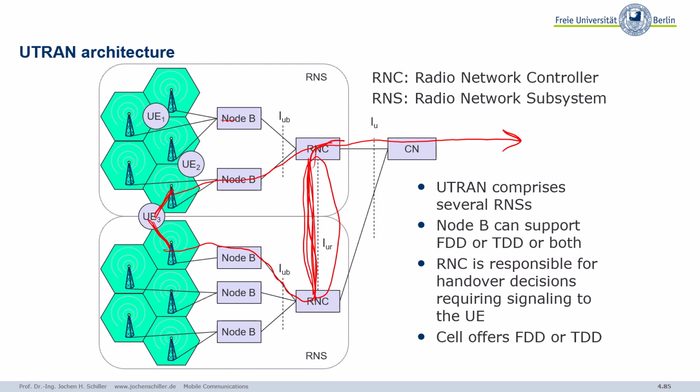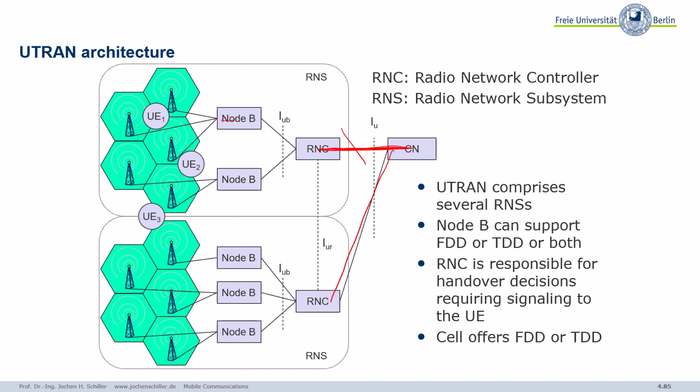As soon as you have to hand over the connection at the core, if you say, okay, we send data over here, and now we cut this and send it over here, then again we perform a hard handover. But for the other scenarios, as long as we stay inside these radio network systems, inside the UTRAN, the core network will not notice anything.